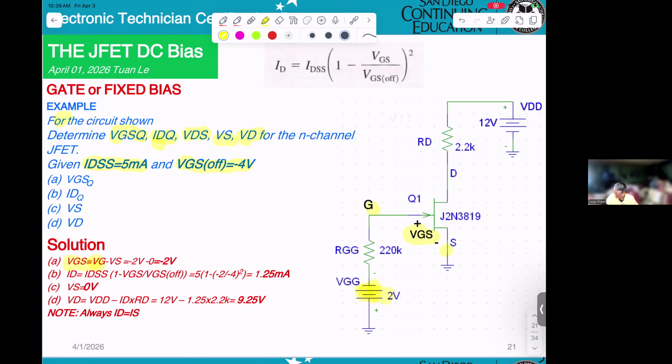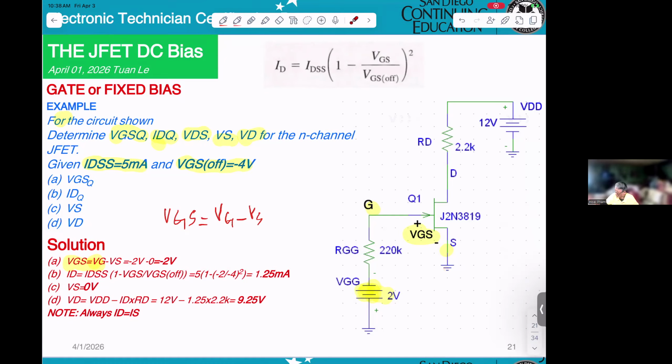The thing is, VGS equal VG minus VS. However, VS equal 0.